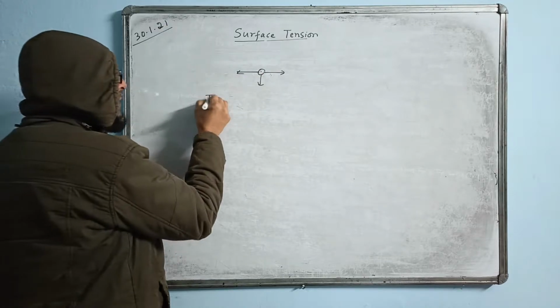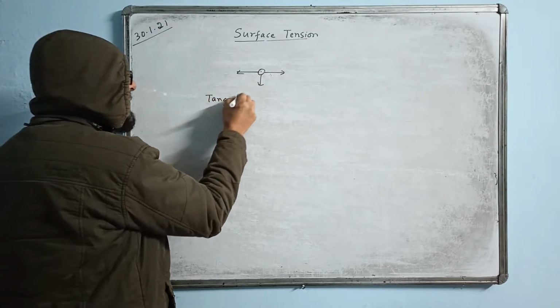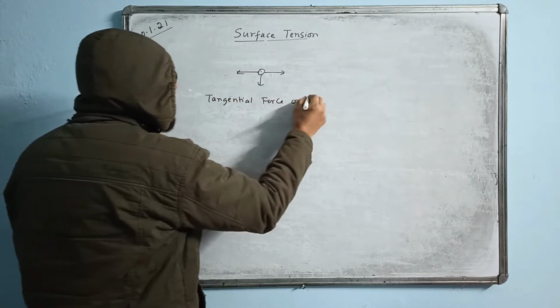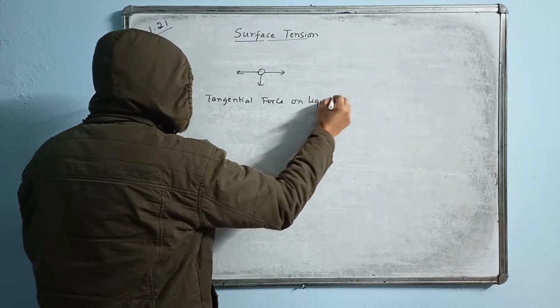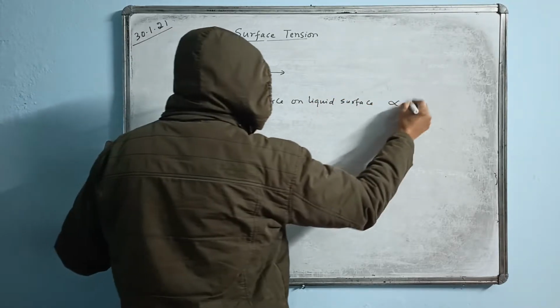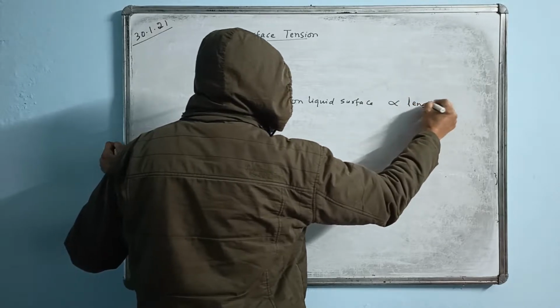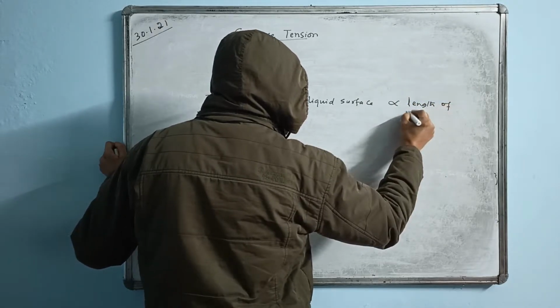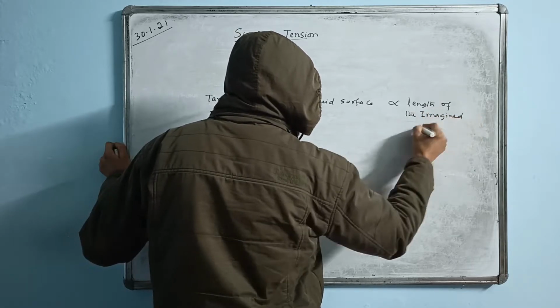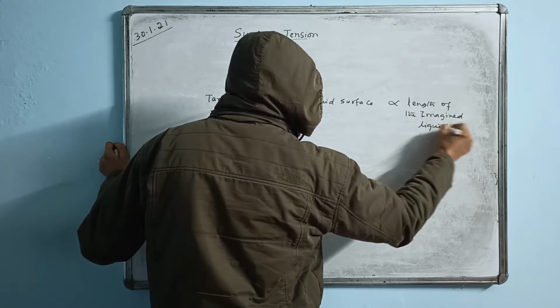We write here: tangential force on liquid surface is proportional to the length of the imagined liquid surface.